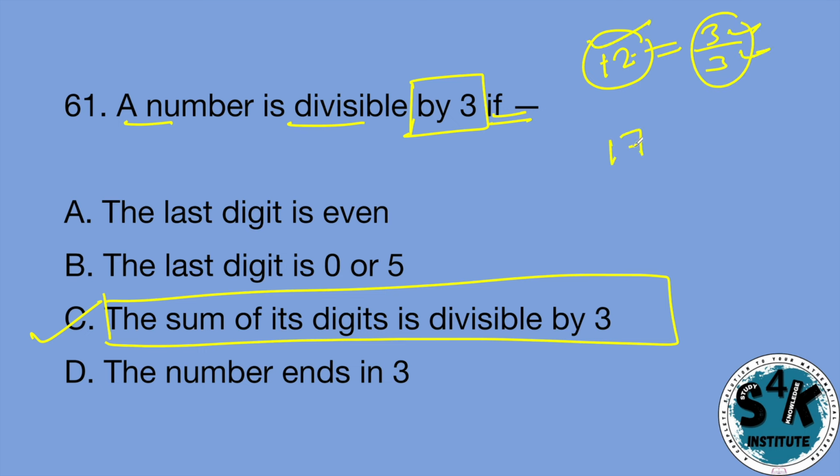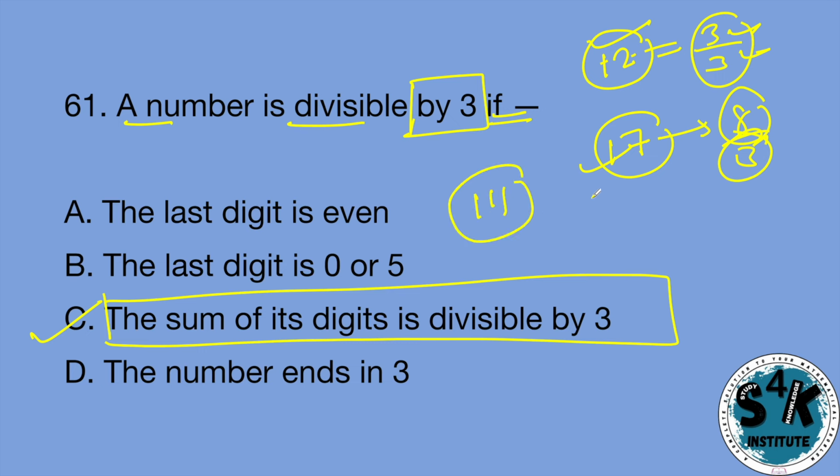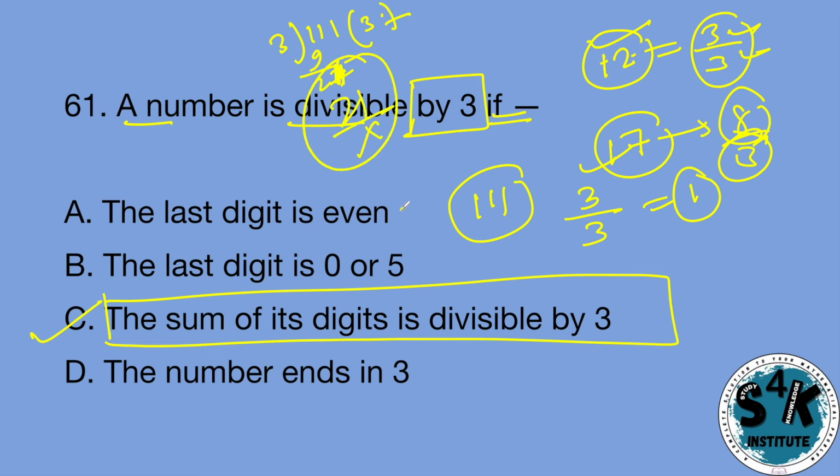Let's take 17, the sum of the digits is 8. 8 is not divisible by 3, and we know that 17 is also not divisible by 3. If we take 111 and add the digits, the digit sum is 3, so 3 by 3 is 1. And if you divide 111, you will find that it is getting divided 37 times.